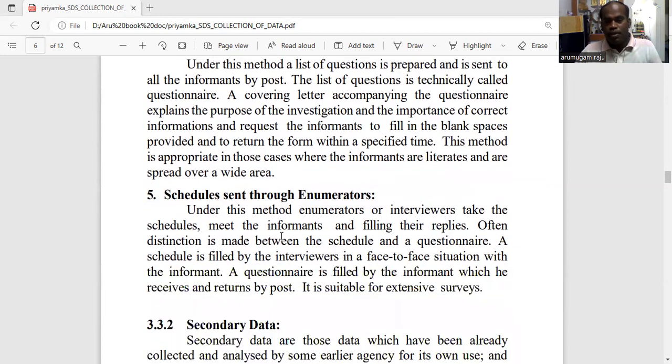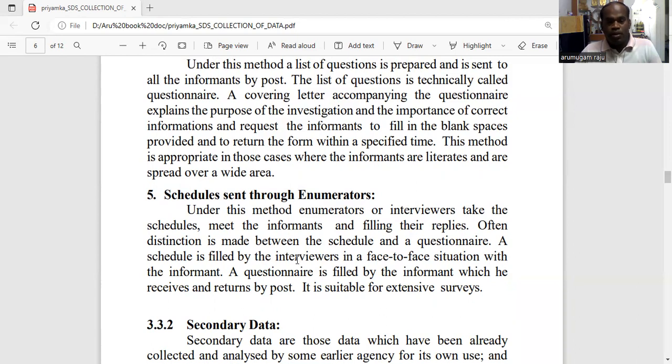The last method is schedules sent through enumerators. Under this method, the enumerators take the schedules, meet the informants, and fill in the replies. Often a distinction is made between a schedule and a questionnaire.